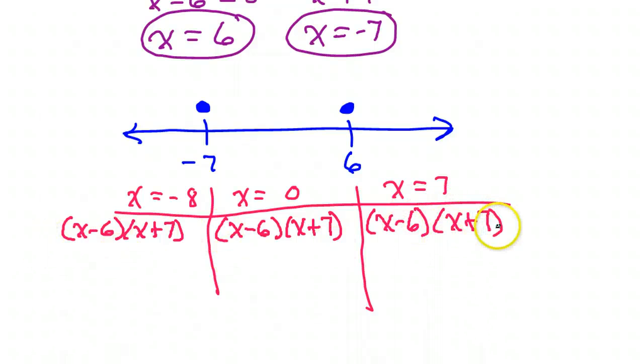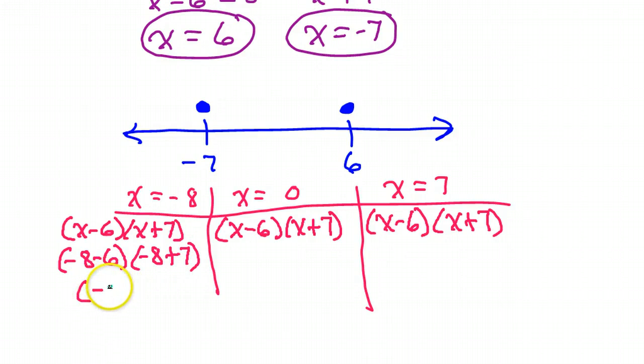Remember, I'm doing this out the long way in case we don't have a TI-30XS multiview to use. Alright, so if we try -8, then that's going to make this -8 minus 6, -8 plus 7.